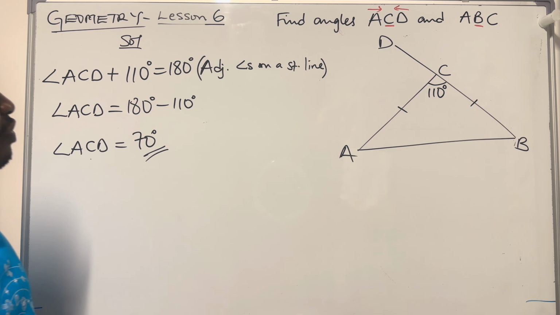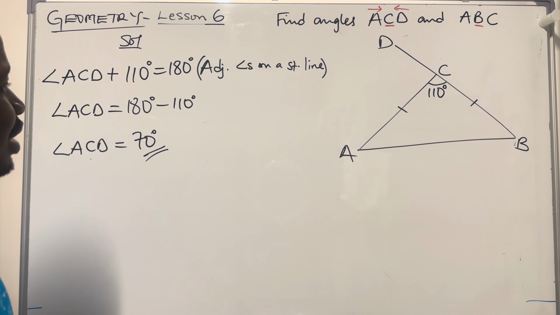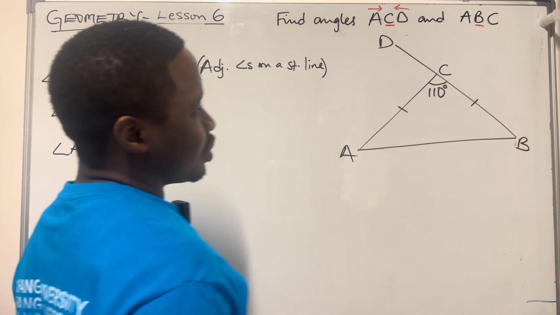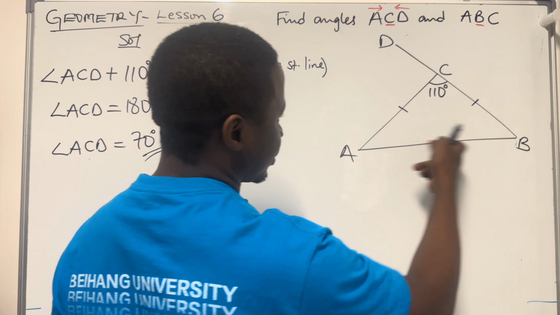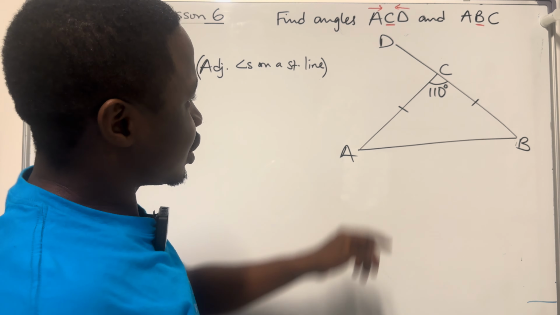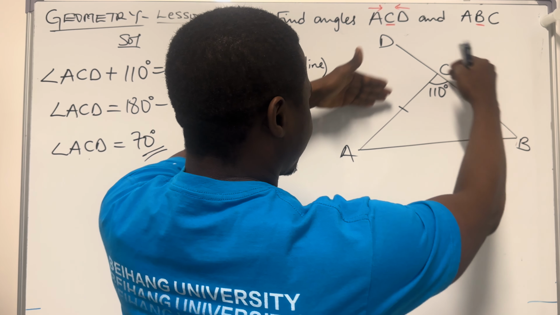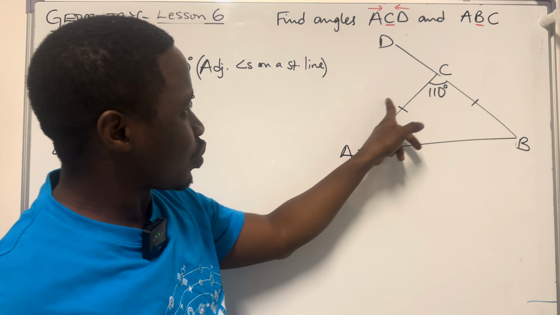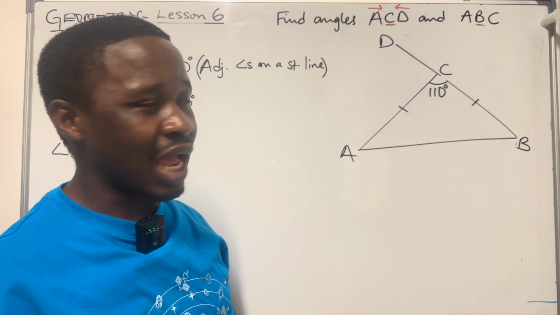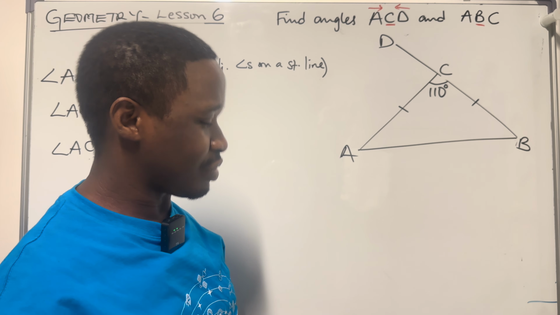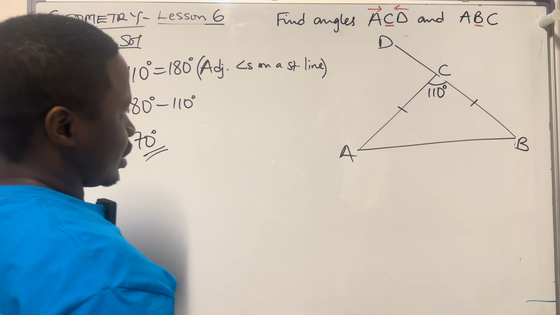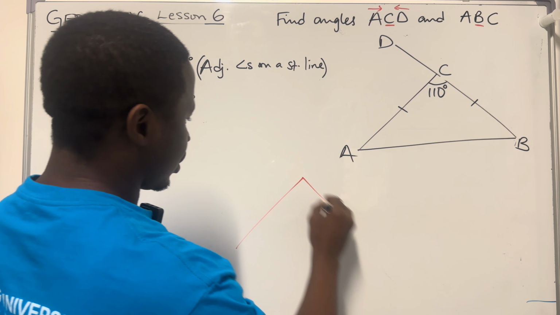Now, in our lesson 5 class, we discussed that any triangle with two equal sides, we call that triangle an isosceles triangle. This one is an isosceles triangle.